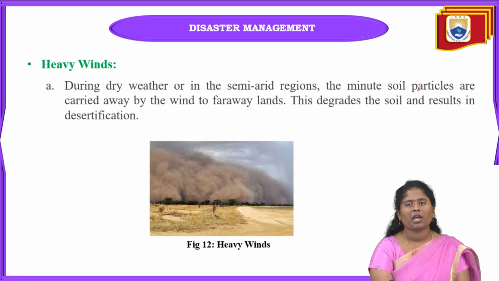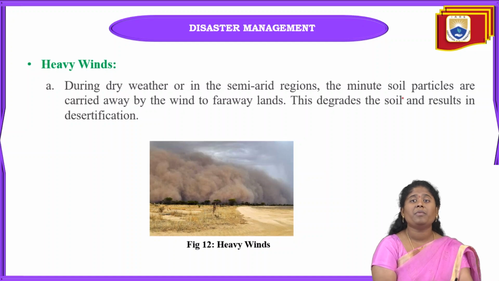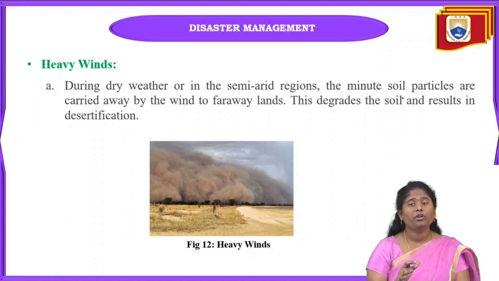And next one is heavy winds. When there is any type of cyclone or storm, heavy winds can easily happen. When heavy winds occur during the dry season, like the summer season in a semi-arid region, in the next second the overall soil particles can be carried away easily.